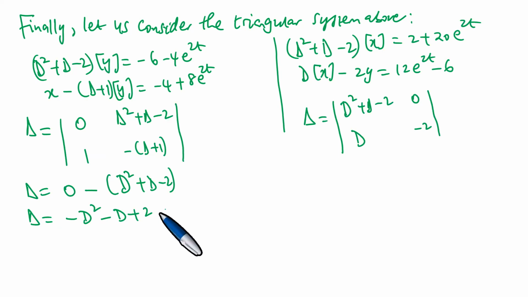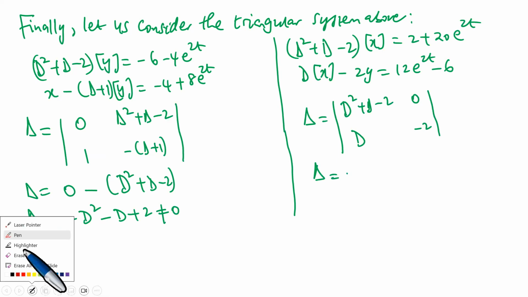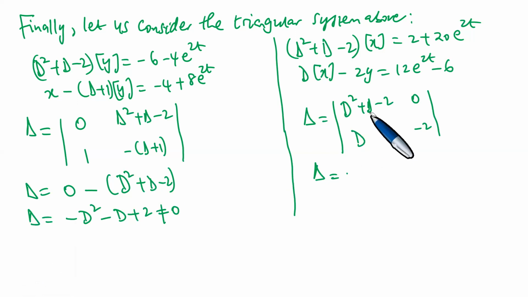So in the end, therefore, this is not equal to 0. So you have d here. Right, okay. Sort of cross multiplication here is minus 2, if you like.